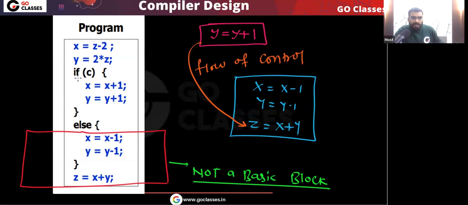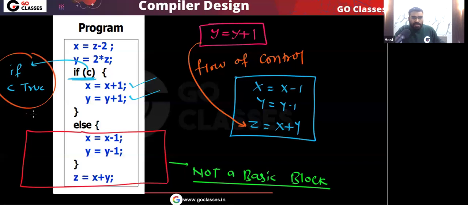For example, if the condition C is true, then this instruction you will execute, and after that, you will directly go to this instruction.